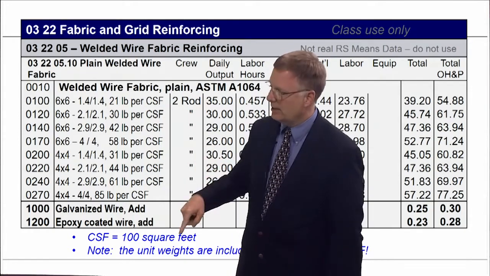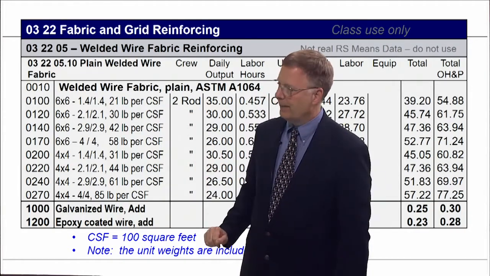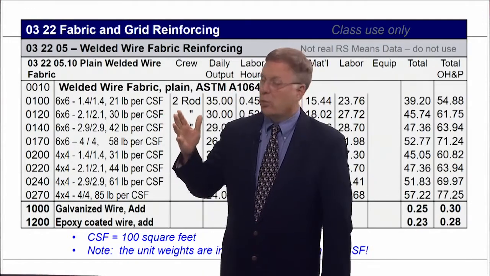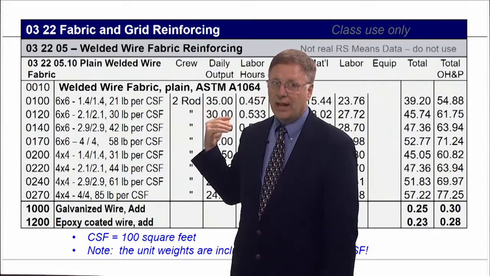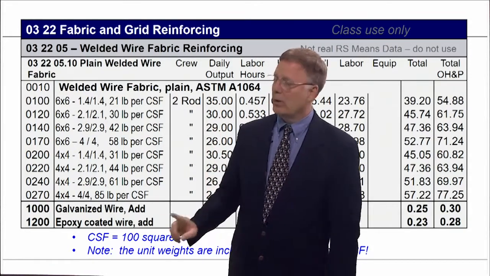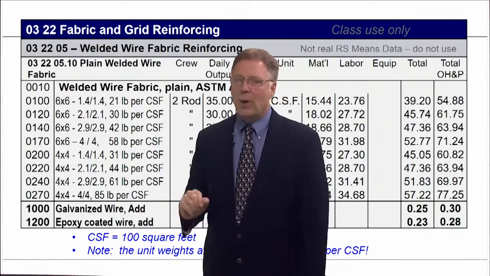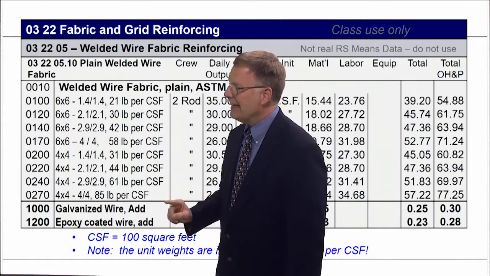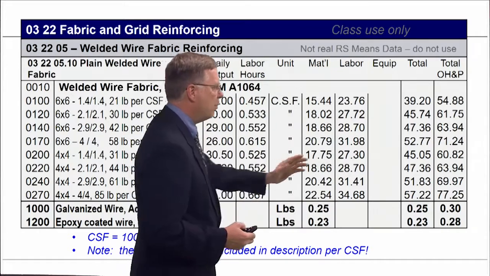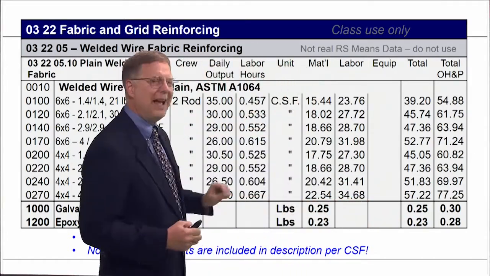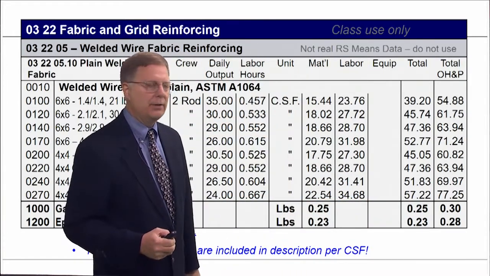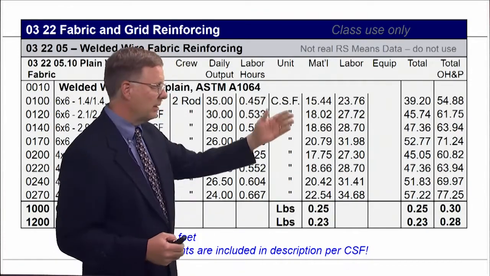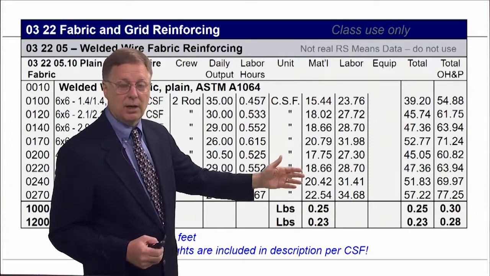That's what CFS is. It's 100 square feet. And why that might be important, you really don't need to know it in order to price out that welded wire fabric for the slab, but there's a couple of adds I want to bring to your attention. If you have galvanized wire, and some of you will have galvanized wire, you're going to need to add a price per pound. And you might say, well, Tom, I know the square footage of my welded wire fabric because we're going to price it based upon 100 square feet.